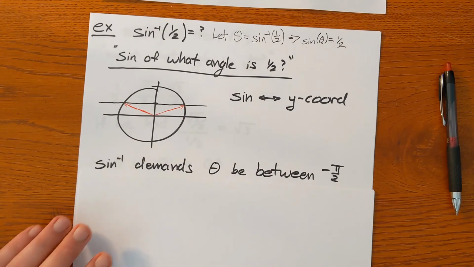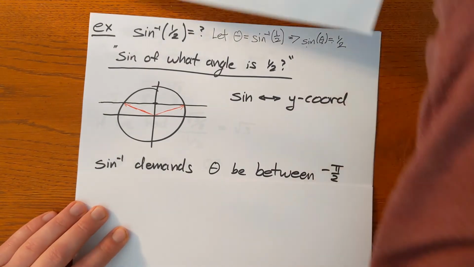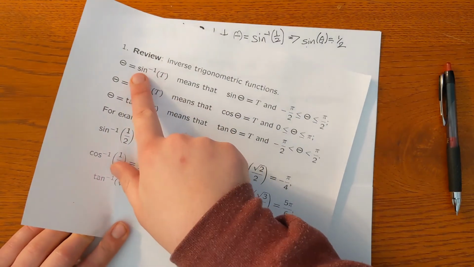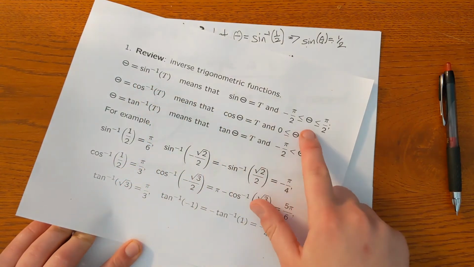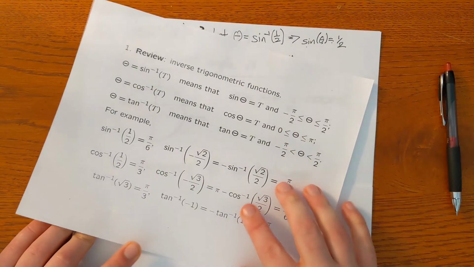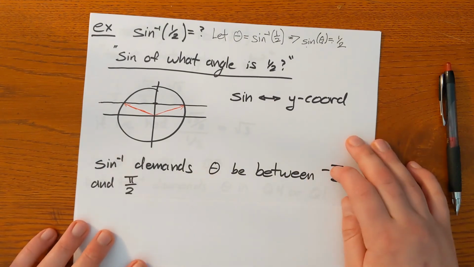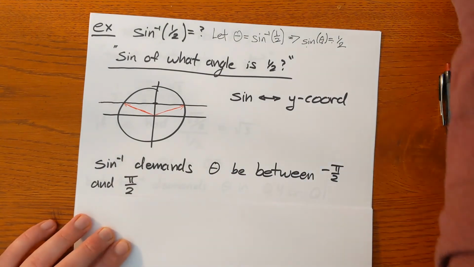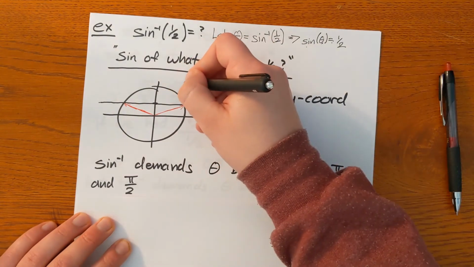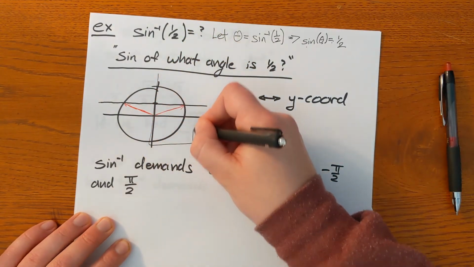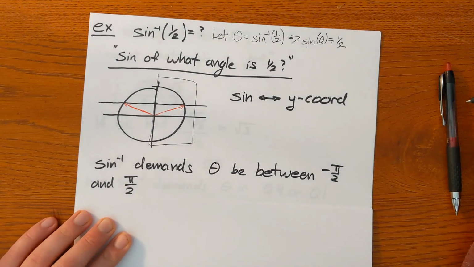Well, remember that in order to talk about sine inverse, our angle has to be between negative pi over 2 and pi over 2. Sine inverse demands that theta be between negative pi over 2 and pi over 2. So that's this half of the unit circle.